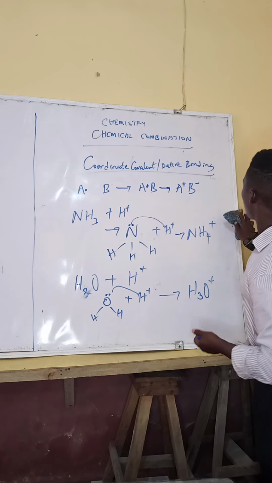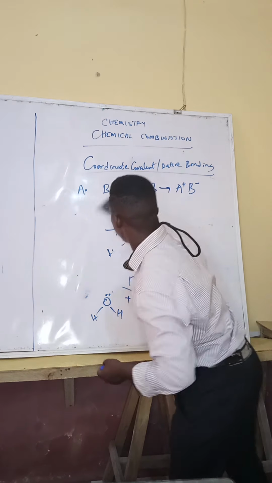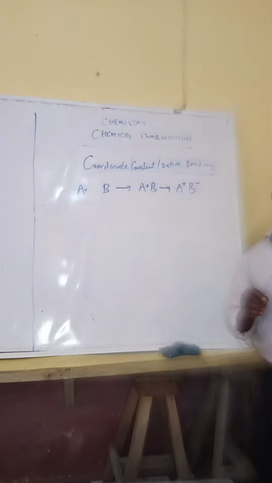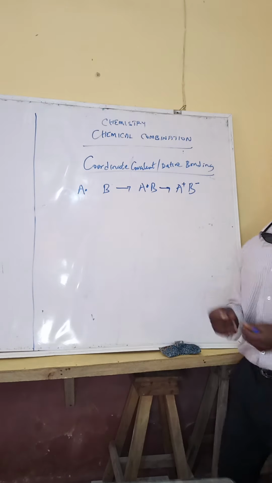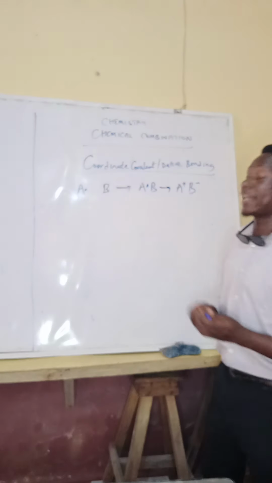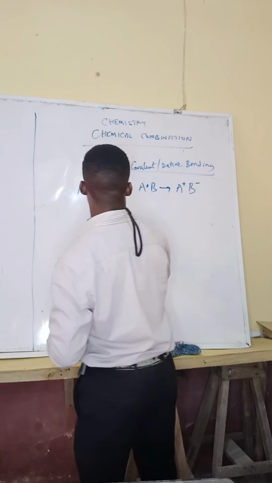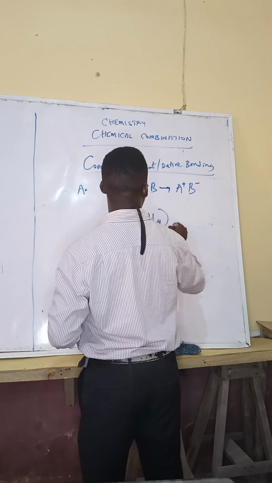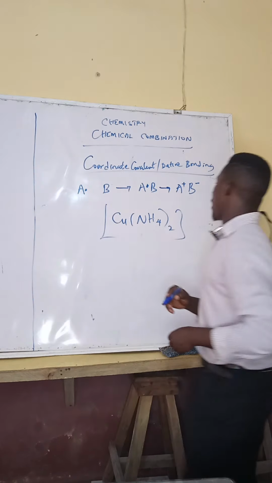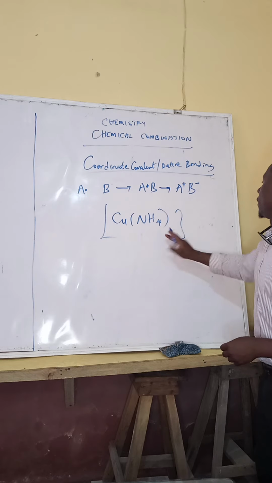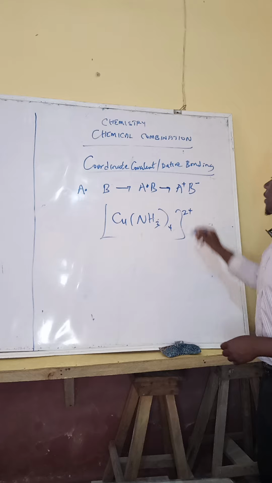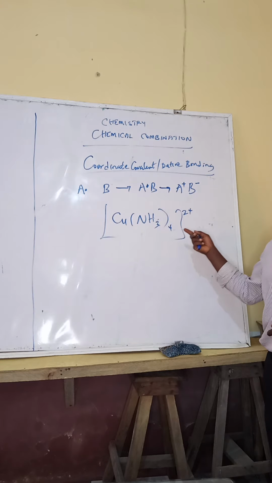Now also note that apart from this, every complex is joined together by a coordinate covalent bond. An example of a complex is tetraamminecopper(II). This is an example of a complex ion.